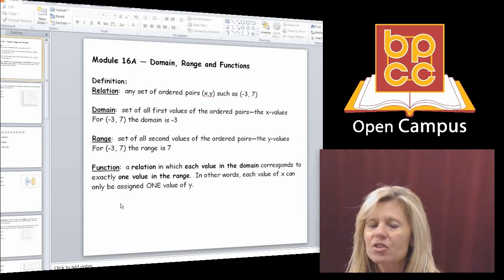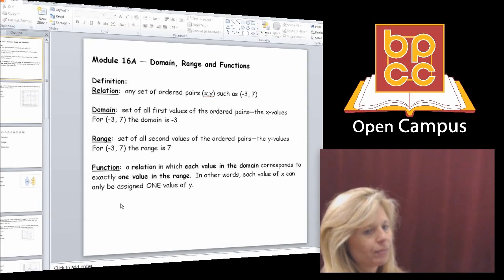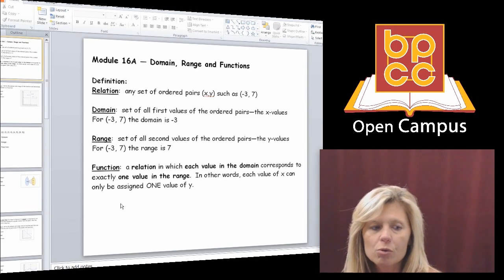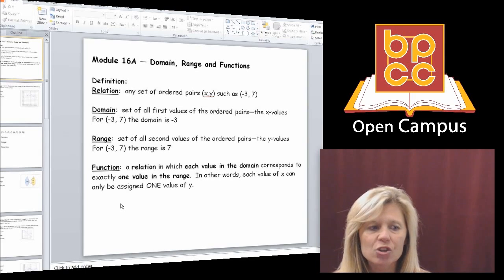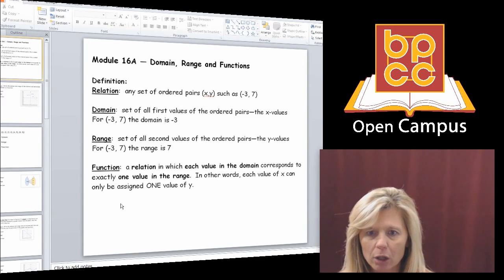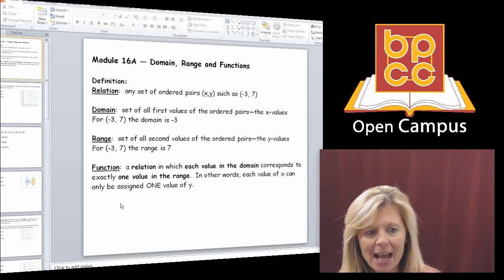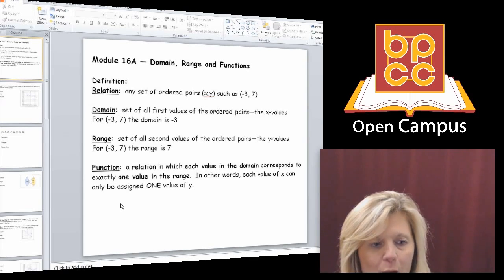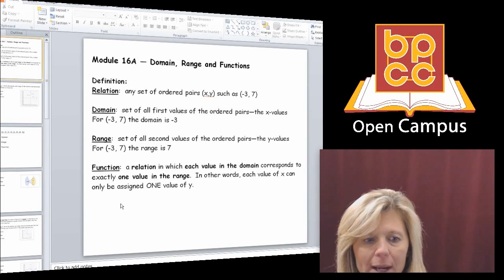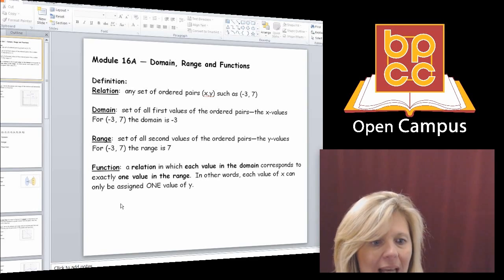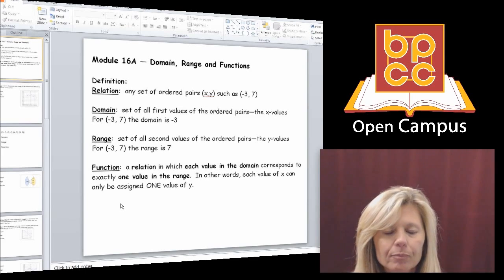Well, I'm going to make this a real life definition for you. If you know anything about genetics, you know it takes 2 X chromosomes to make a girl. So in math, you can think of domain, the X, as being the girl. In genetics, it takes an X and a Y chromosome to make a boy, a male. So in math, the range, which is the Y, is the boy, the male.